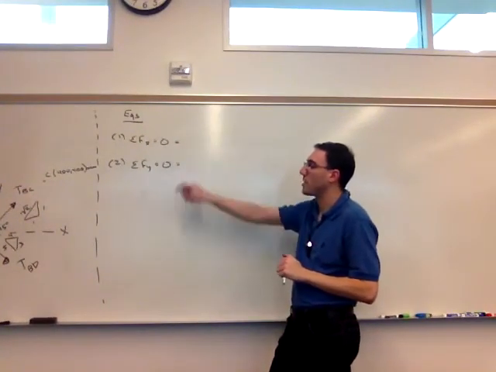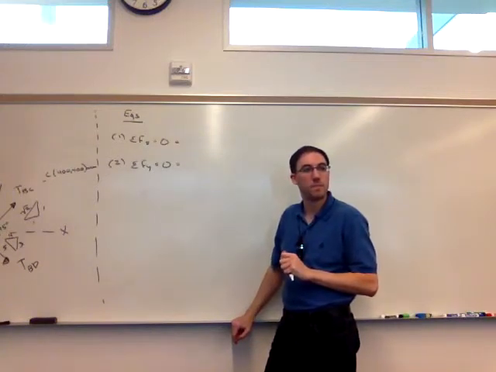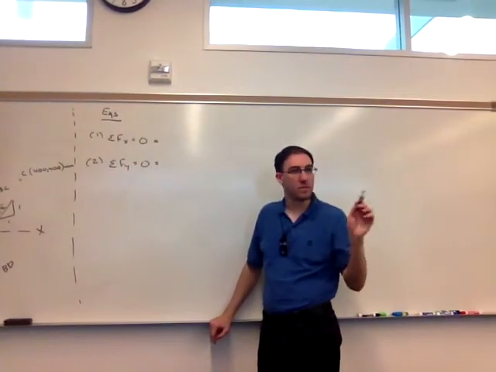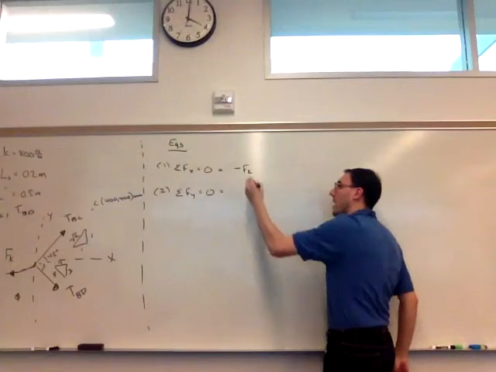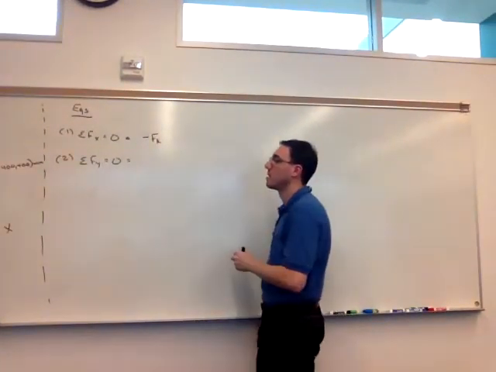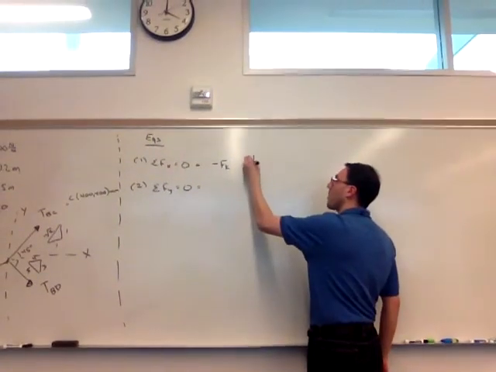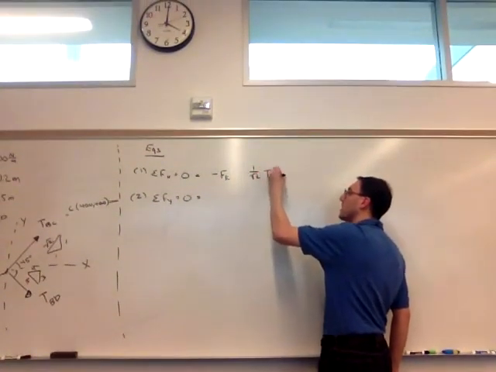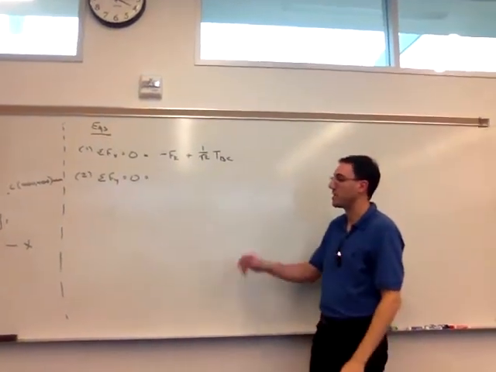So equation 1, what's the right-hand side here going to contain? Anyone? All right, negative Fk. This needs to be kind of immediate recognition here. TBC cosine 45. Right, so TBC cosine 45, or you can use 1 over root 2 TBC. Same thing. This component is pointing to the right, so it's positive.